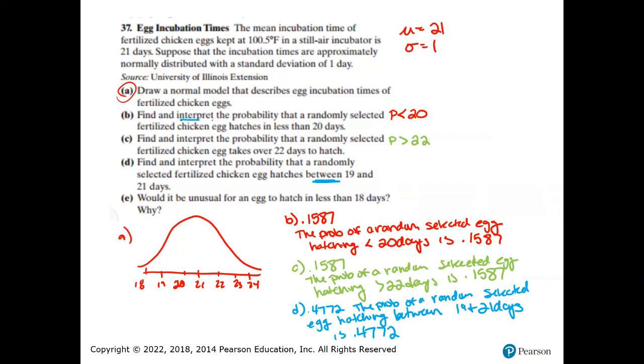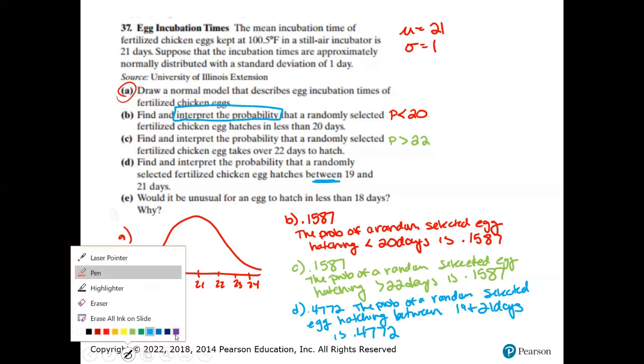So it's saying interpret it in terms of probability. If it said proportion, you would say the proportion of fertilized chicken eggs that hatch, whatever you're asking for. Okay, so just always look at what it's asking for, proportion or probability, to know how I write my interpretation sentence.